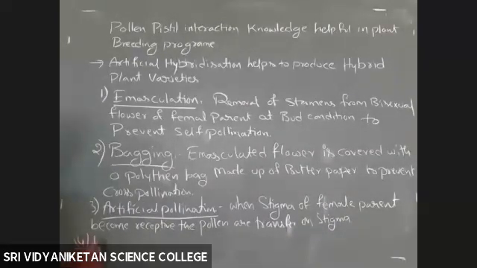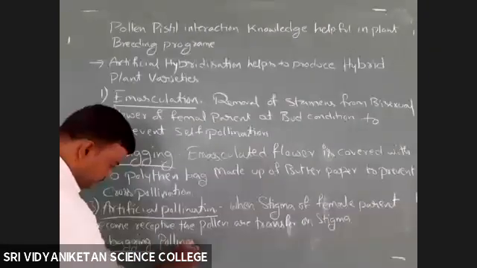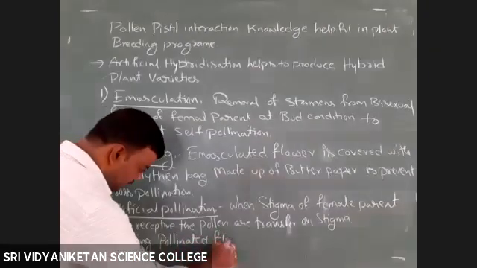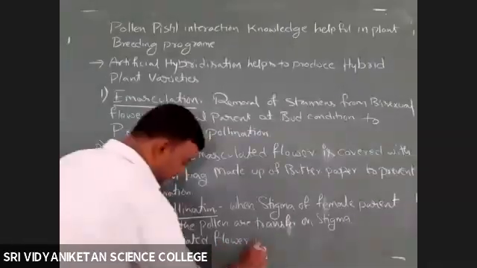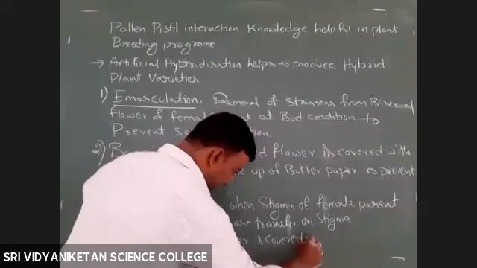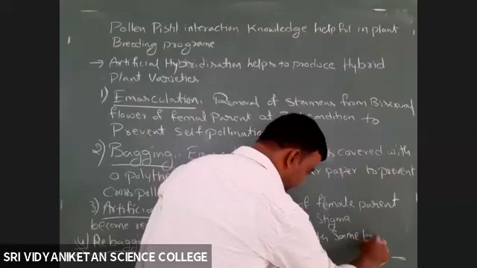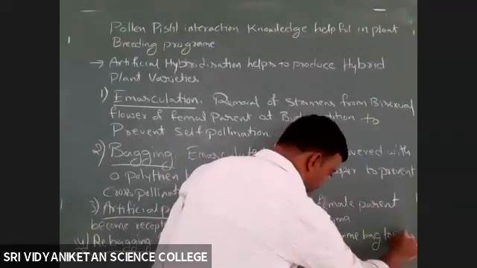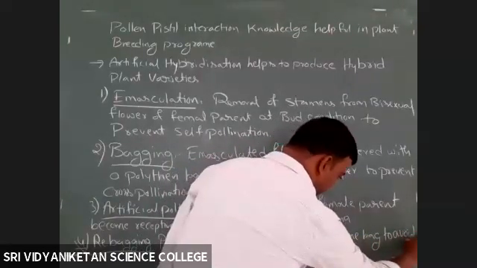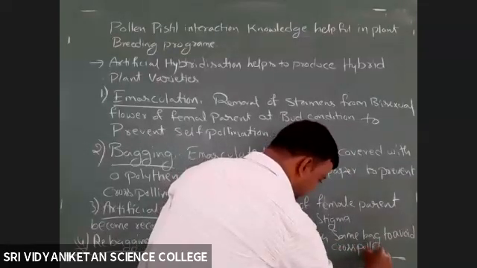And the last step is rebagging. So the pollinated flower is covered with the same bag to avoid cross pollination.